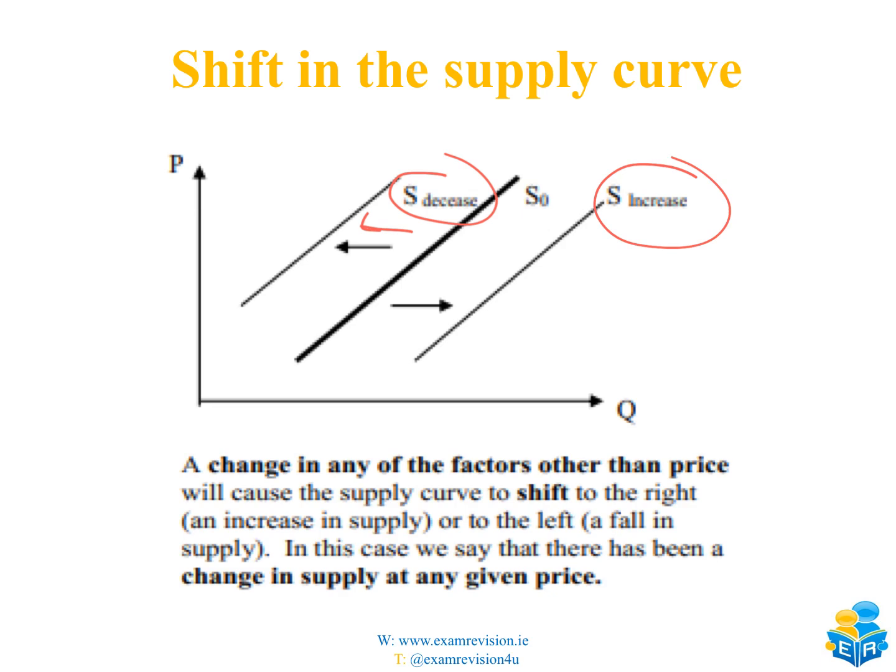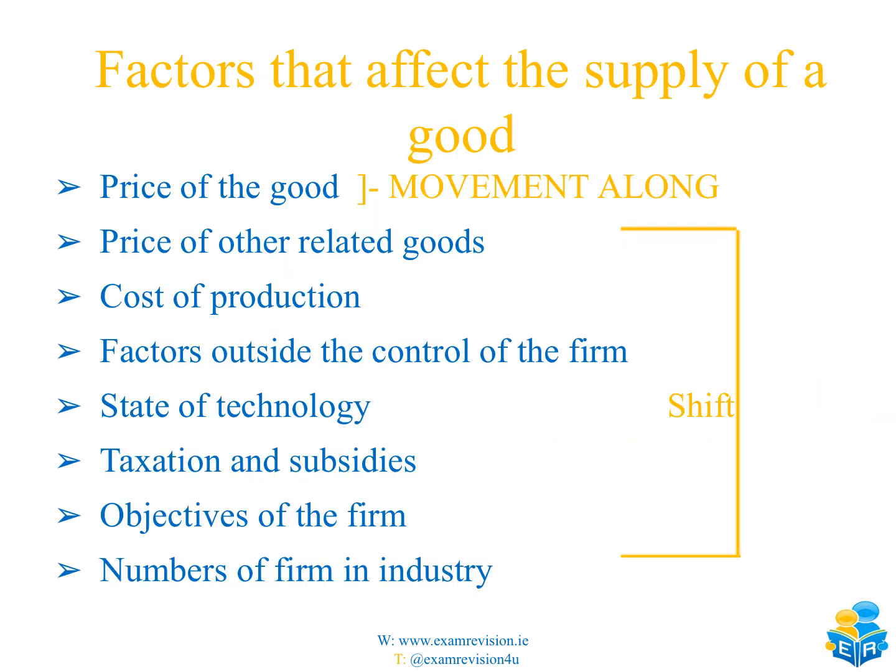So as we said, it's a change in any of the factors other than price. So any non-price determinant. Okay, very same idea as we already had with demand. Okay, so any non-price determinant.